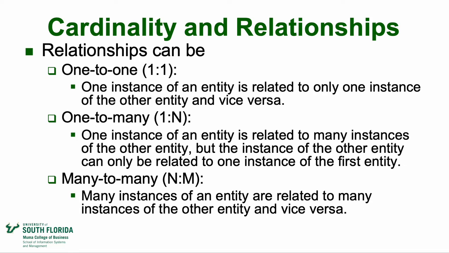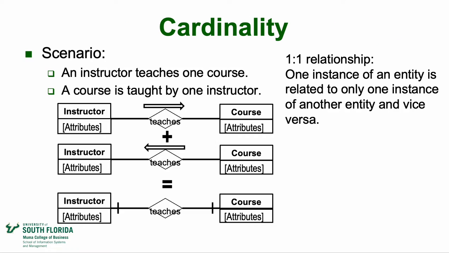In many-to-many relationships, finally, many instances of the first entity are related to many instances of the other entity and vice versa.